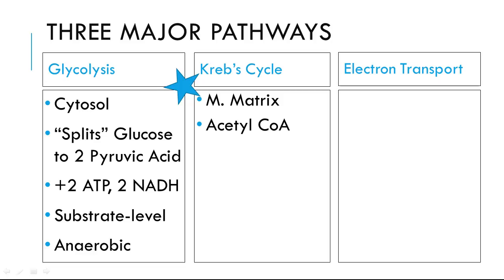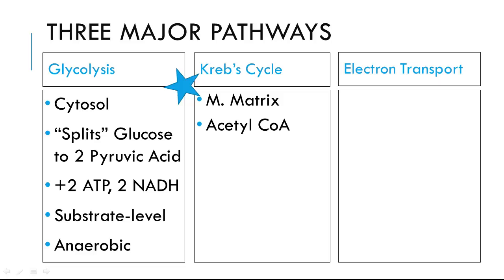If I were to talk about per glucose, I would say totally. You can also mark how much carbon dioxide is released per turn, the type of phosphorylation that would happen for that production of ATP, and finally, whether the process is aerobic or anaerobic.